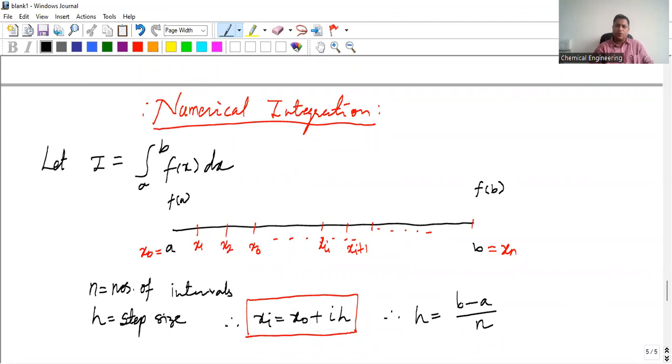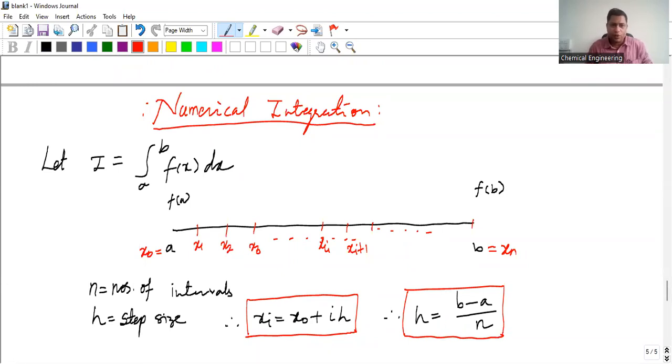Using this formula, h is equal to b minus a by n. Sometimes the step size will be given in the question, but sometimes the step size may not be given. If it is given, we have to use it. If it is not given, we have to calculate it. When the step size is given, the number of intervals may not be given, or when the number of intervals is given, the step size may not be given.